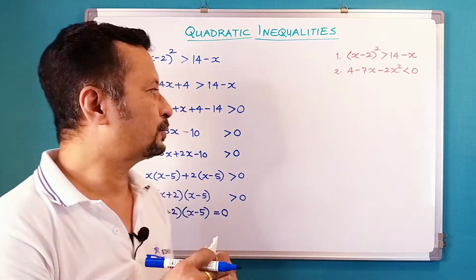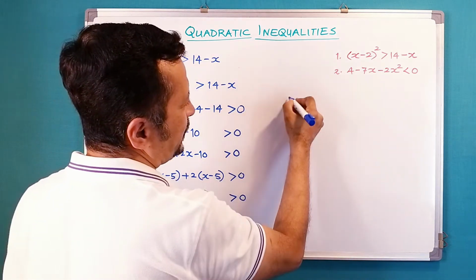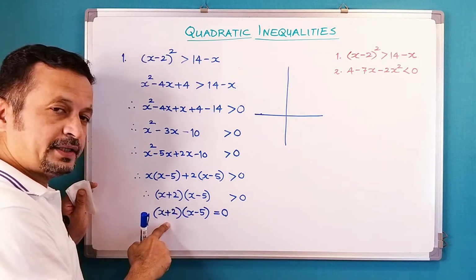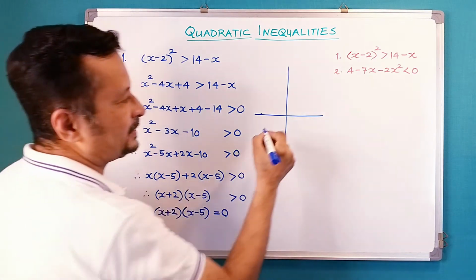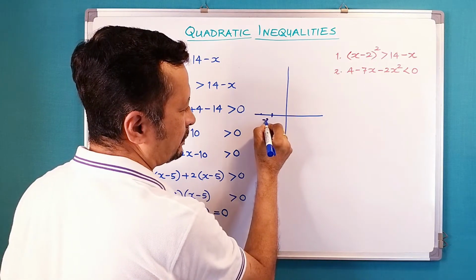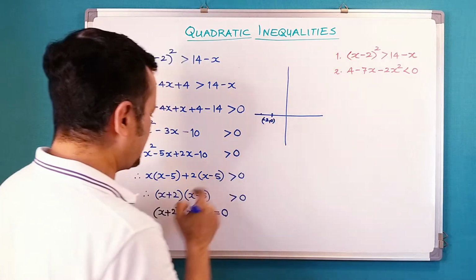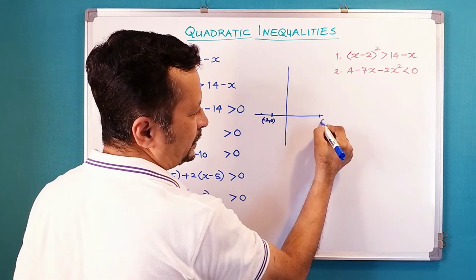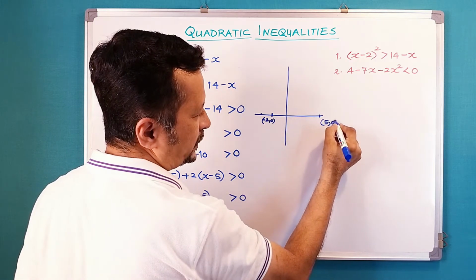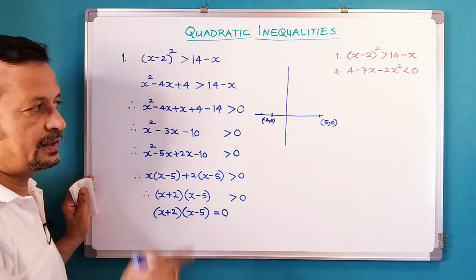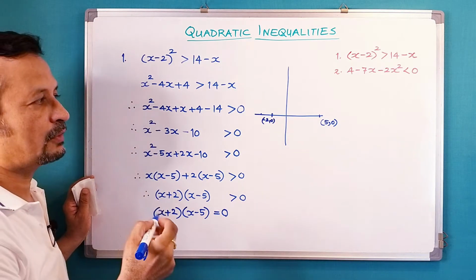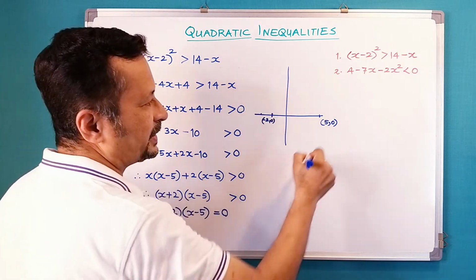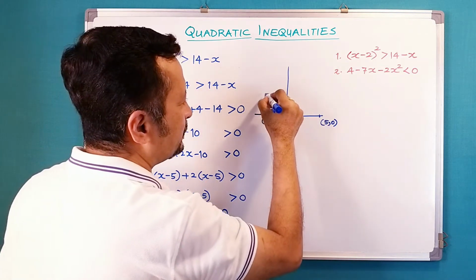So if I try drawing that parabola here, I know that it is cutting my x axis at minus 2 comma 0, and another point is x equal to 5, so 5 comma 0. The curve is going to be a u shape, it may be like this.